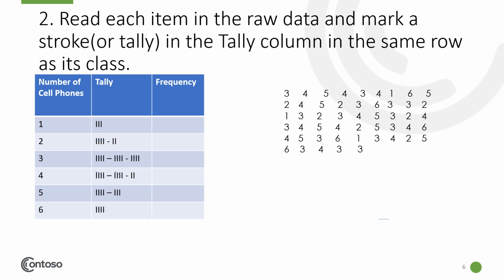Okay, number 2. Read each item in the raw data and mark a stroke or tally in the tally column in the same row as each class. Okay, so we have here a number of families, no? So there are 6 families, and these numbers are the numbers of cell phones, no? All right, so for example, the first family has 3. 3 daw ang kanyang cellphone. Try natin. 1, 2, 3.